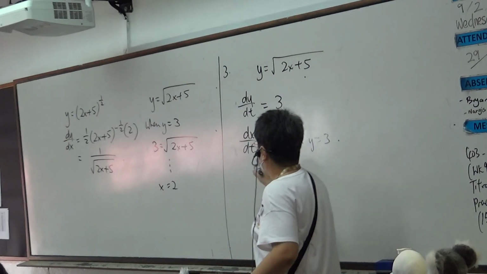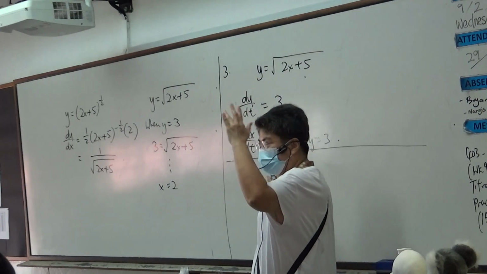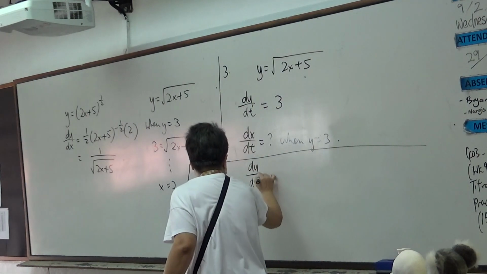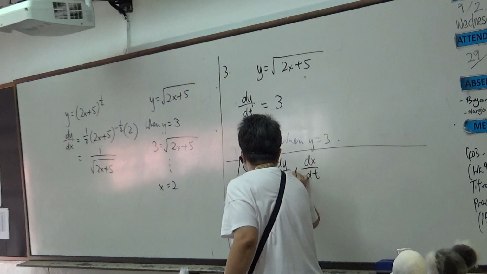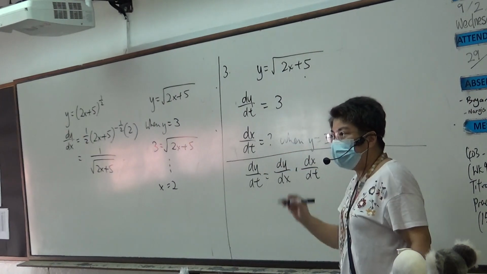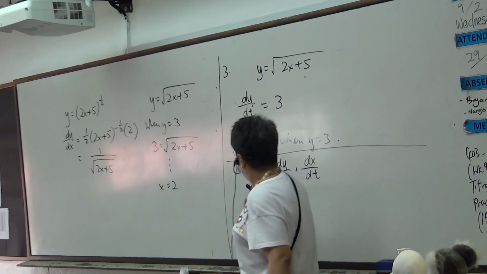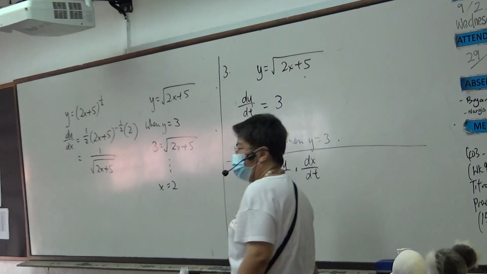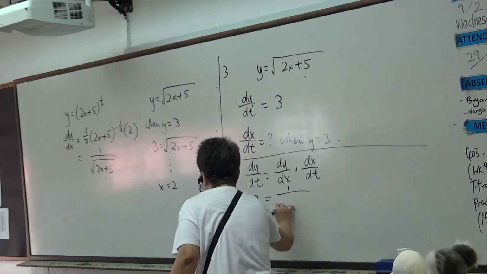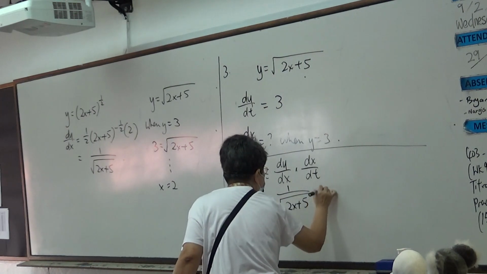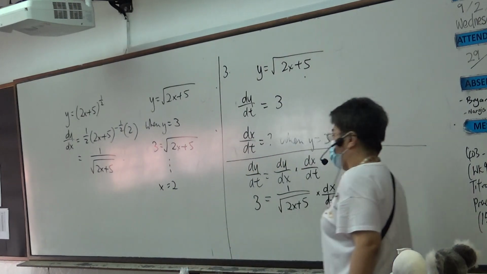Now, I'm going to do something here. This is the one that we want to find out, right? Okay, all of you look up. I'm going to summarize. dy/dt will be dy/dx times dx/dt. So dy/dt I know is 3, I sub in. dy/dx is 1 over square root of 2x plus 5, times dx/dt, right?